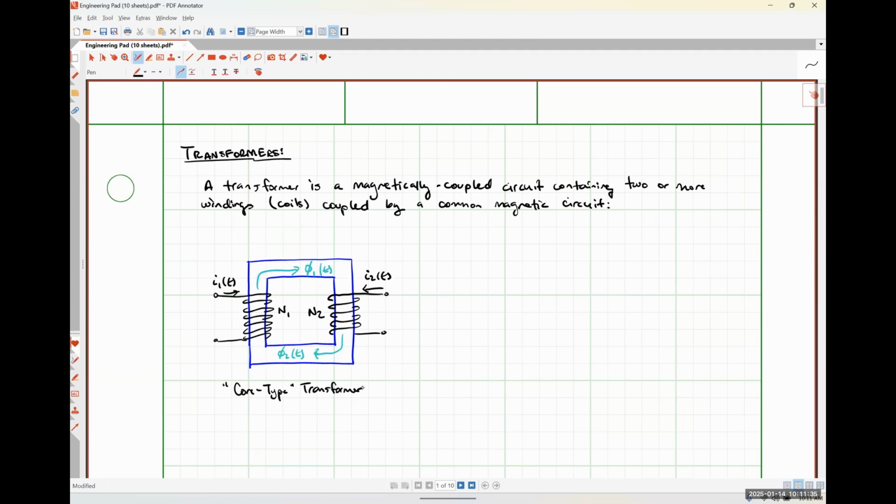And then the other type that you may very regularly see is what's called a shell type transformer. So let me just draw that one over here. So I'm drawing a cinder block-like shape.